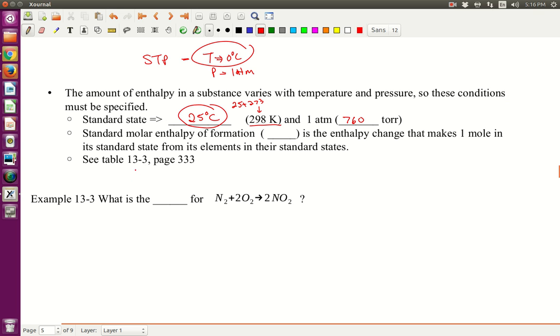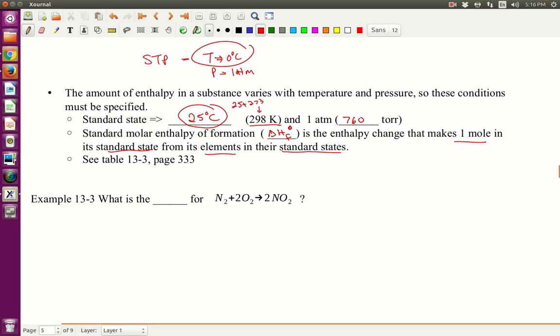And now, we're also going to talk about the standard molar enthalpy of formation. And it's going to have this little degree symbol on it, delta H, f, and it has a little degree symbol up at the top. There it is. It's the enthalpy change that makes 1 mole of a compound in its standard state from its elements in their standard states.